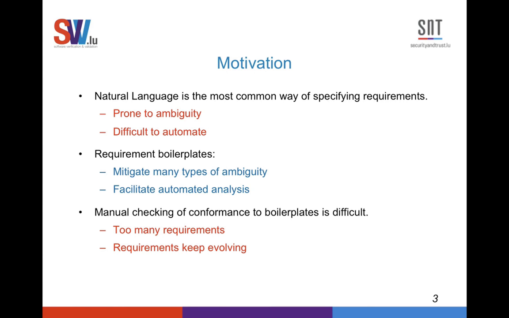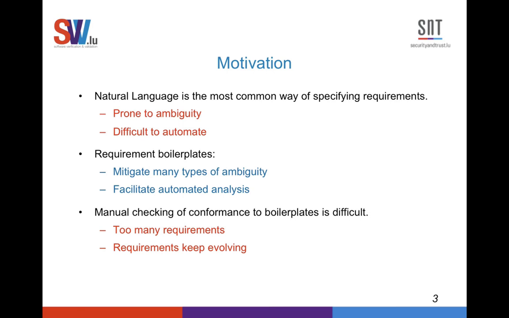Here's the motivation behind building RUBRIC. Well, natural language is the most common medium of specifying requirements, because it's easy to understand by all the stakeholders. But despite this advantage, natural language is prone to ambiguities, and it's difficult to do automated analysis on natural language requirements because of the lack of adequate structure and complexity of unrestricted natural language.